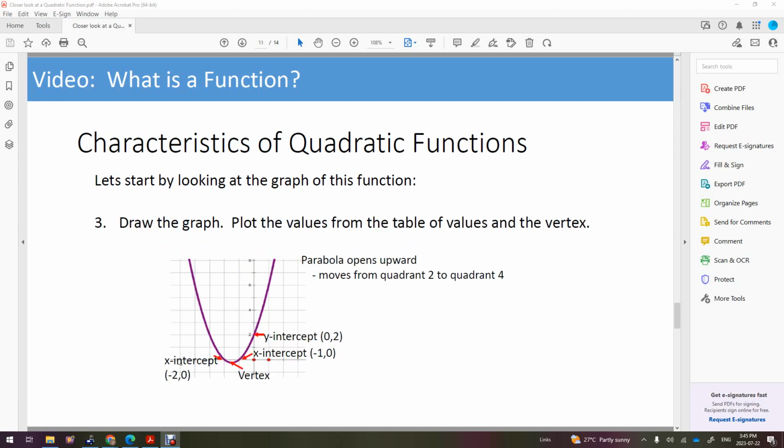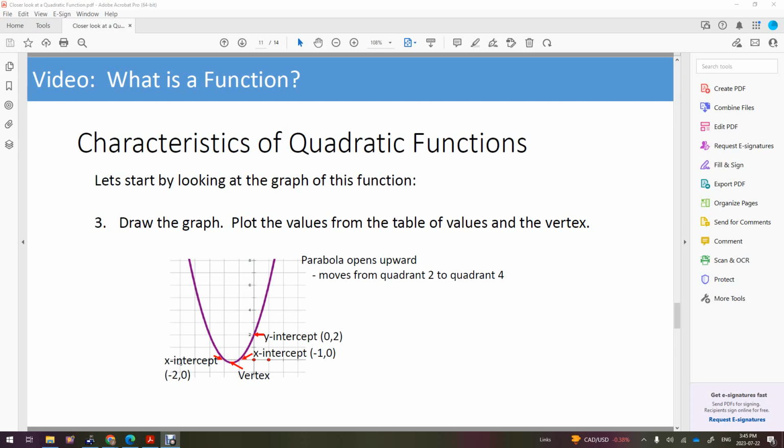Then we can draw the graph. Plot the values from the table of values and the vertex, and we get a parabola. We can identify the y-intercept at 0, 2. We can identify the x-intercept at negative 1, 0.